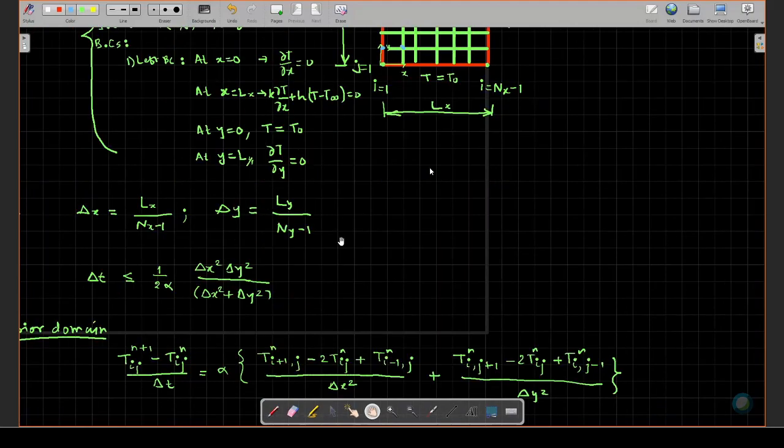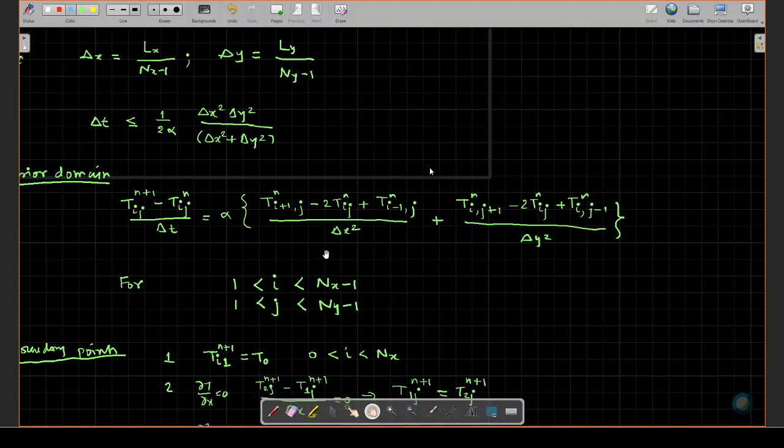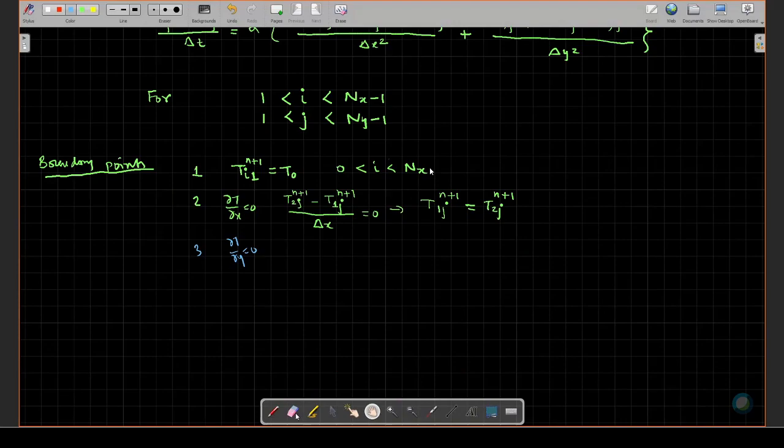So that we can write like T at i, ny at n plus 1, minus T at i, ny minus 1 at n plus 1, divided by delta y, equals 0. Here i is varying, but ny is fixed.